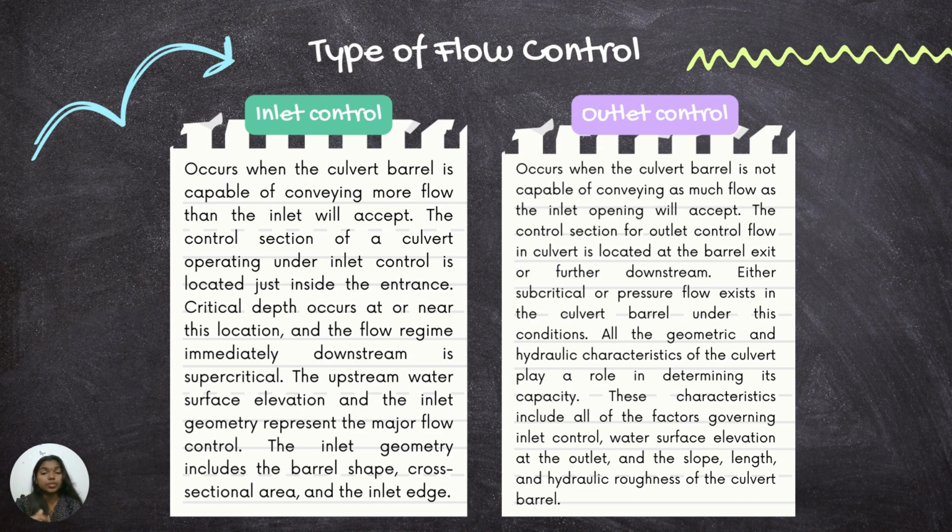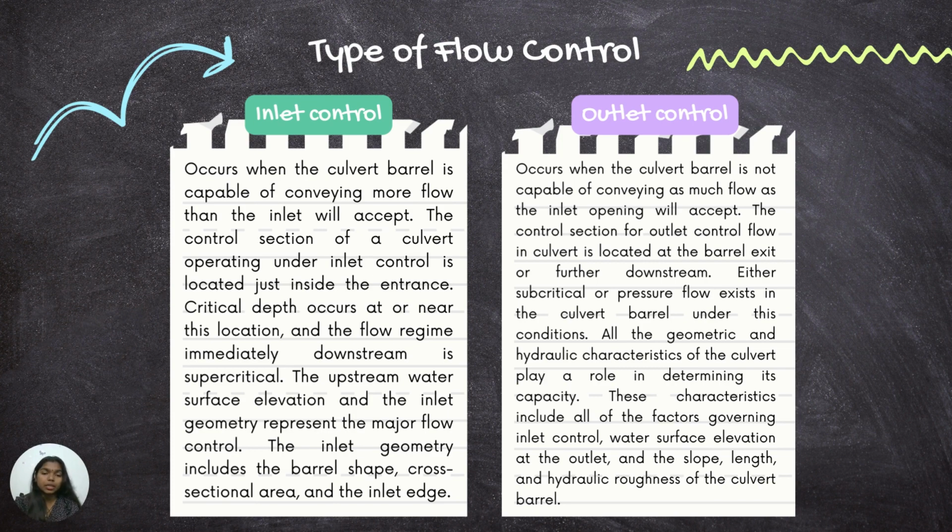Okay, now outlet control. It occurs when the culvert barrel is not capable, as just now the inlet is capable of conveying, and for outlet, it is not capable of conveying as much flow as the inlet opening will accept. The control section for outlet control flow in a culvert is located at the barrel exit or further downstream.